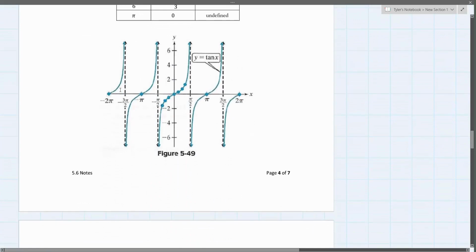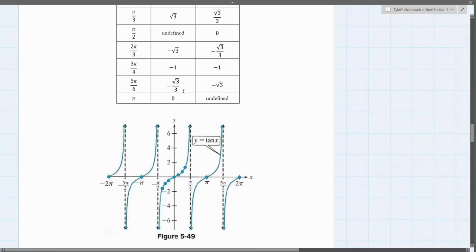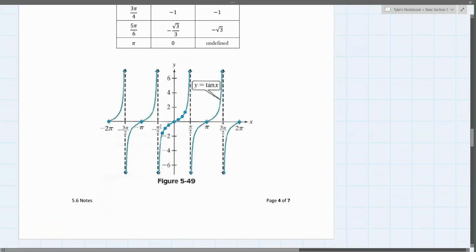If we go to graph these points, you're going to get a shape looking something like this. So this is the graph of tangent, and we can get more points to fill this in. One thing you'll notice is that in between negative pi over 2 and pi over 2, we get one period of tangent.